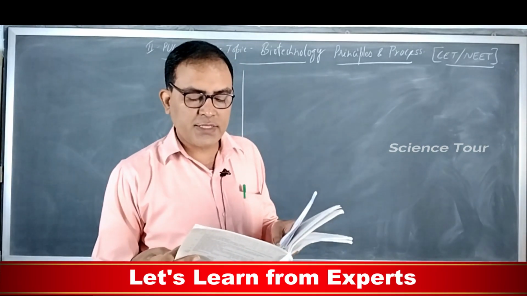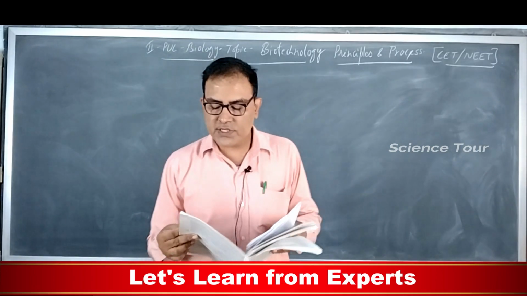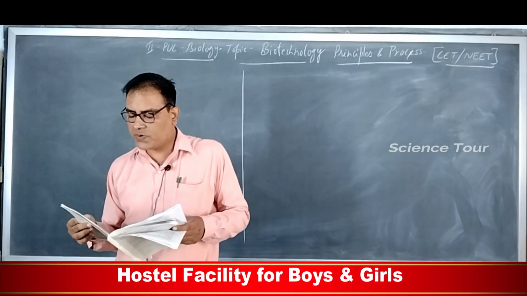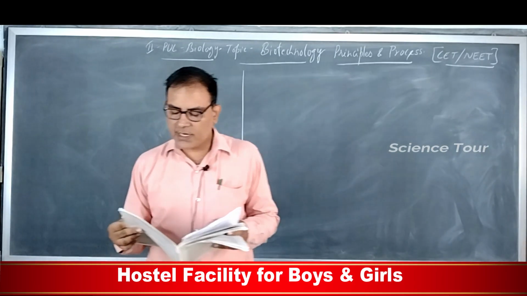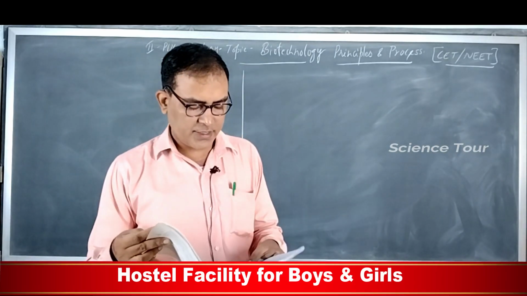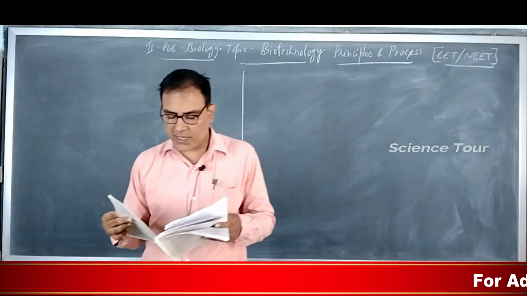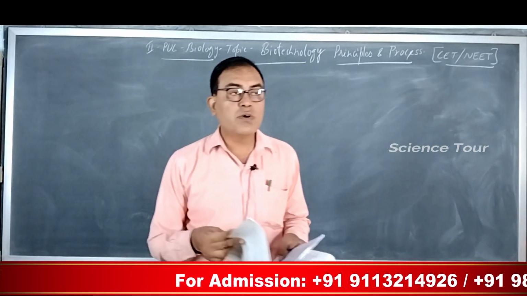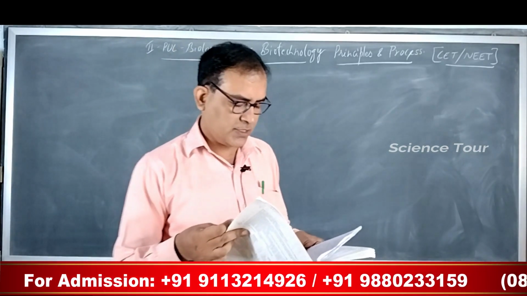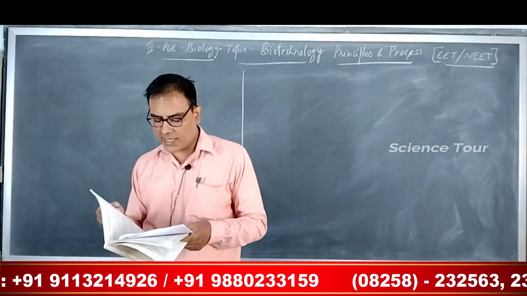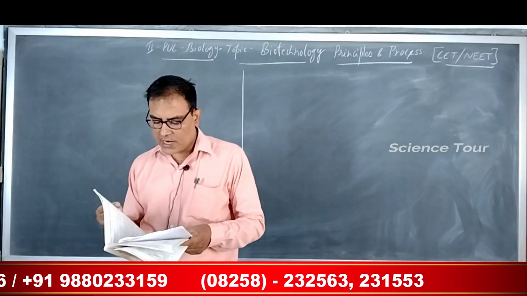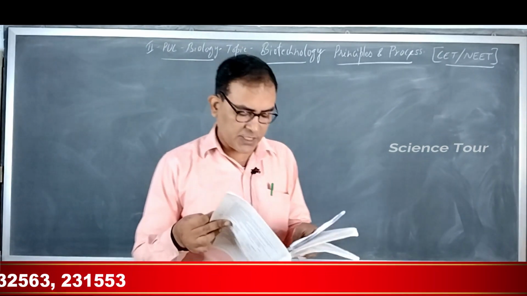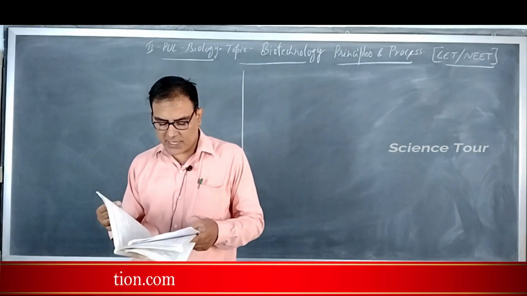An enzyme catalyzing the removal of nucleotides from the ends of the DNA is: A. Endonuclease, B. Exonuclease, C. DNA ligase, D. HindIII. Answer is B, exonuclease. Exonuclease removes the nucleotides from the ends of the DNA, whereas endonuclease makes cuts at specific positions within the DNA.